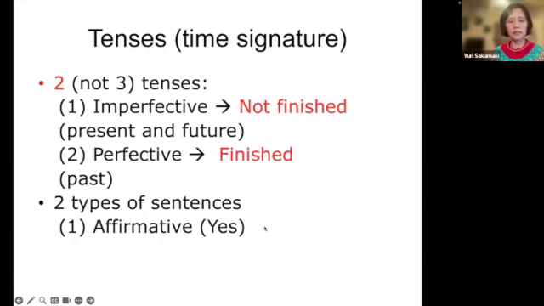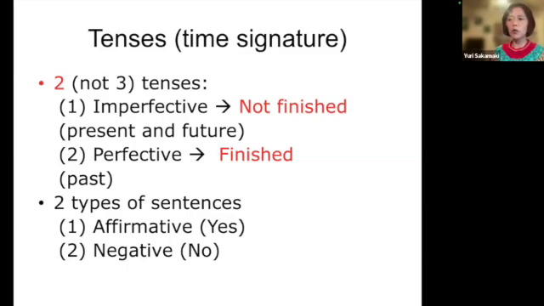The second one is negative sentences, like I'm not a student anymore, or this water doesn't taste good. So it has not in it. Those are negative sentences. And the Japanese language has those 2 types: yes sentences and no sentences as well.